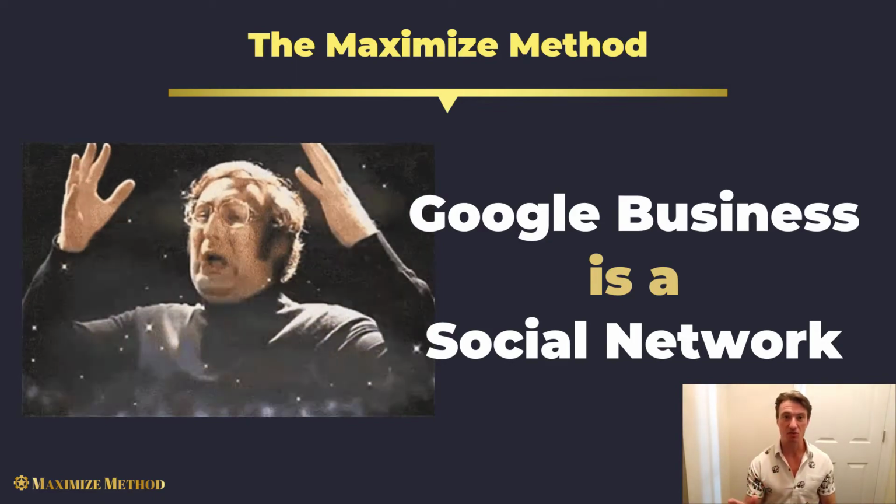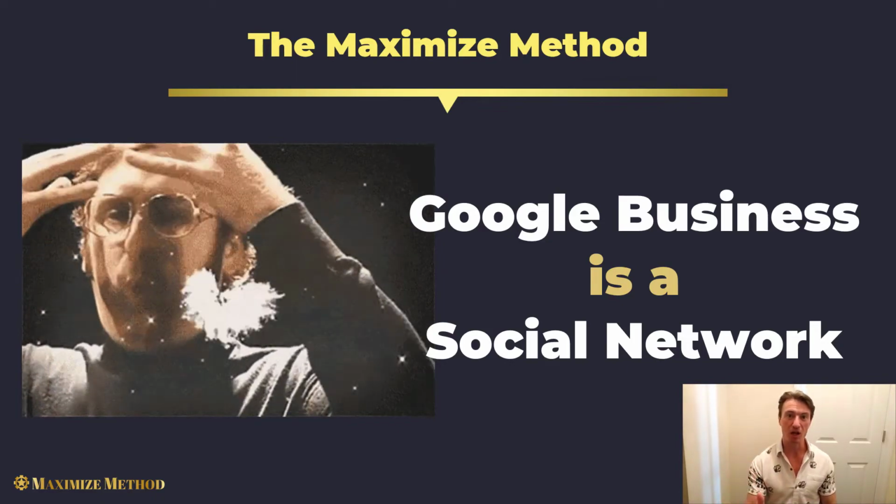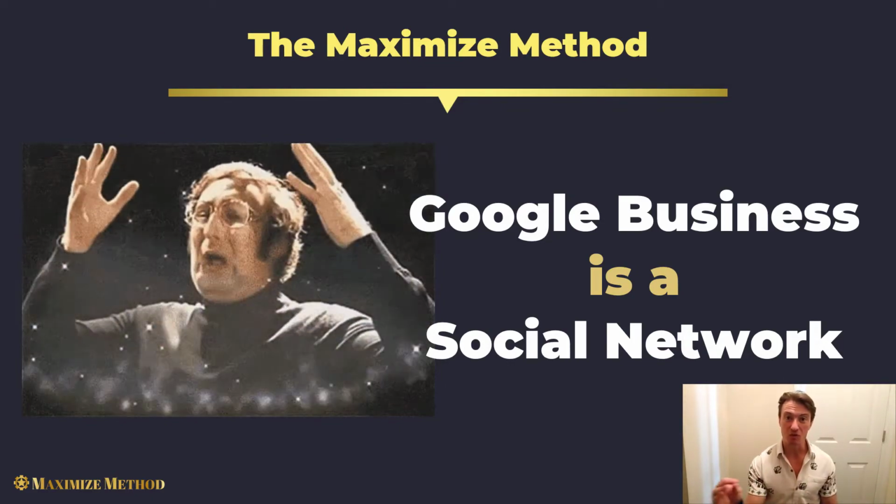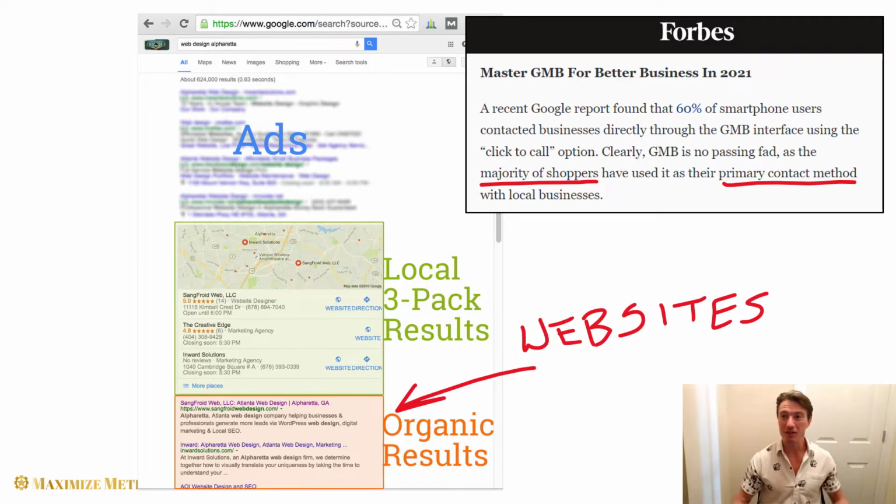It's the highest user experience. It's an easier, better user experience using Google Business and Google Maps than surfing through 10 to 20 different websites, or even 3 websites, right? Because of that, it's caught on. More people use Google Business now than use websites to shop locally. Of course, websites are still being used, but more people use Google Business.